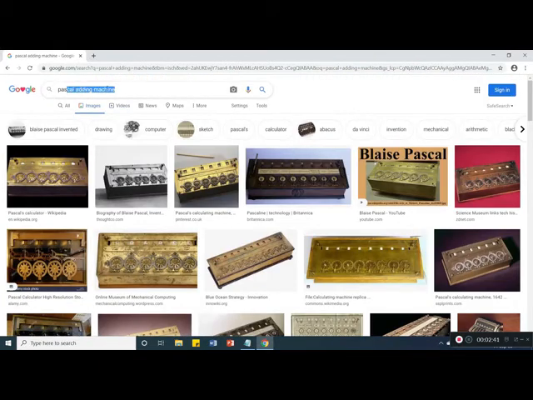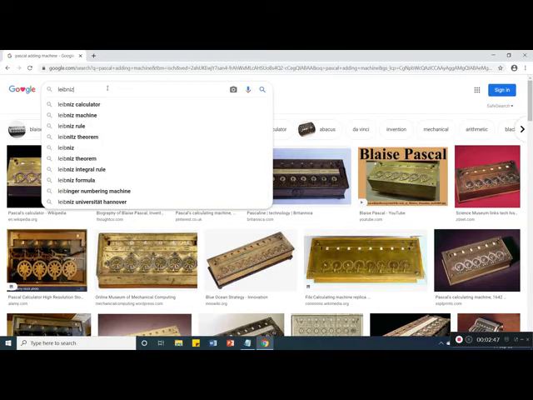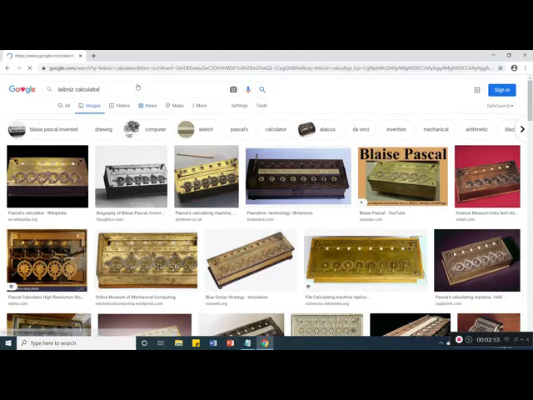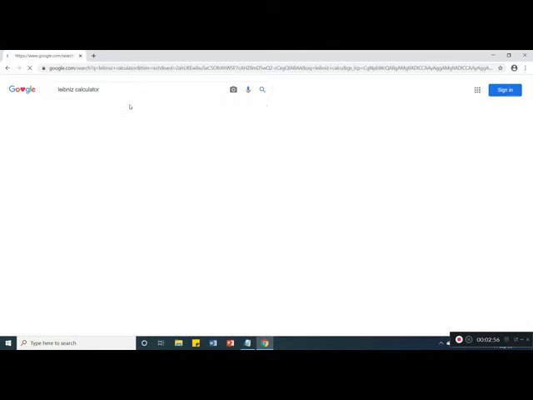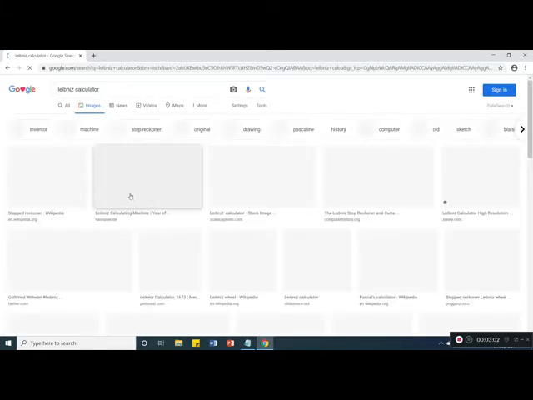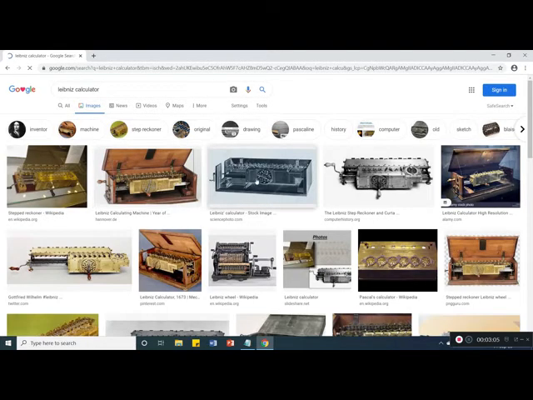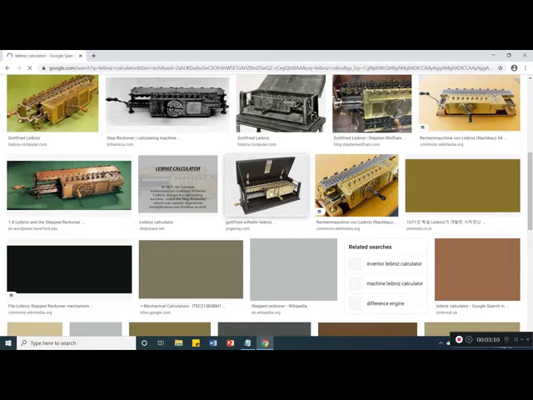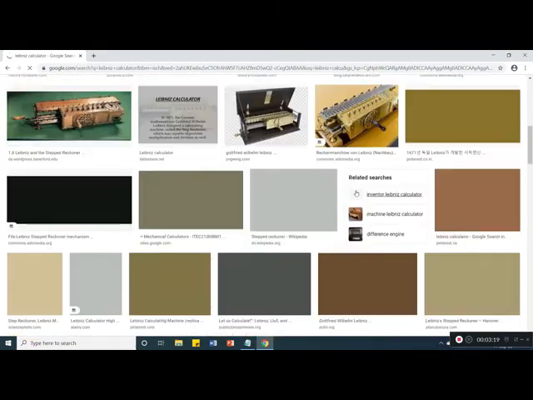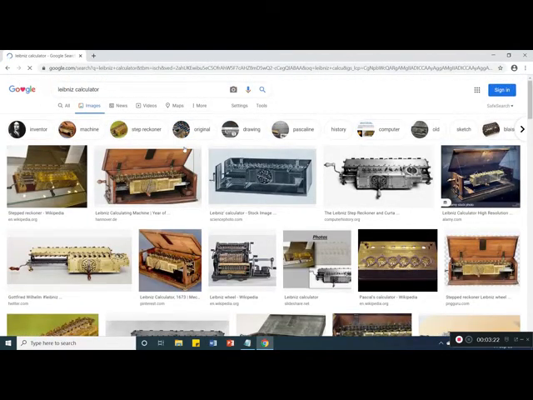The third one is the Leibniz calculator. So you will see how the Leibniz calculator looks. See the different images. After it was invented, the third device looks like this.